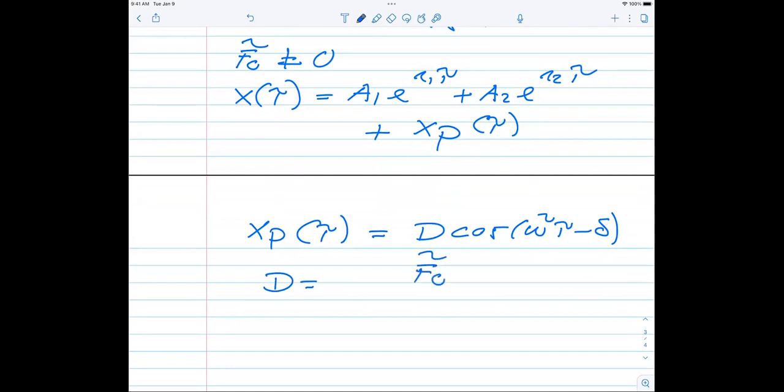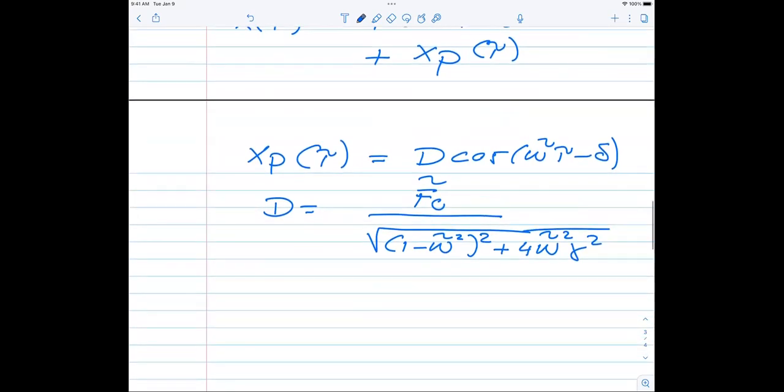It's going to be f0 divided by the square root of 1 minus omega squared, squared, plus 4 times omega squared of gamma squared. And this parameter delta, which we also will derive later, is inverse tan of 2 times gamma of omega over 1 minus omega squared.